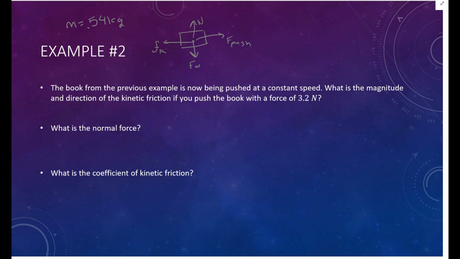What do you notice is the difference between the value of the force of push here versus the force of push we saw in the last problem? Not on an incline. We're still on a flat surface. Compare this value to the value we saw before. 3.2 is bigger than 4.1?